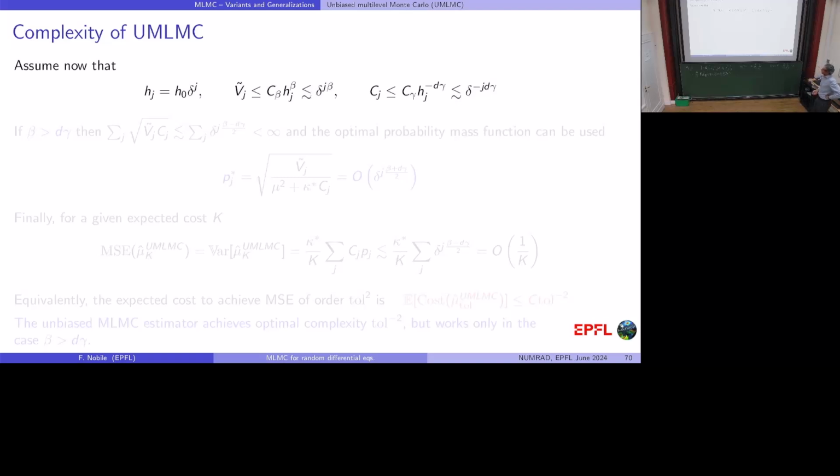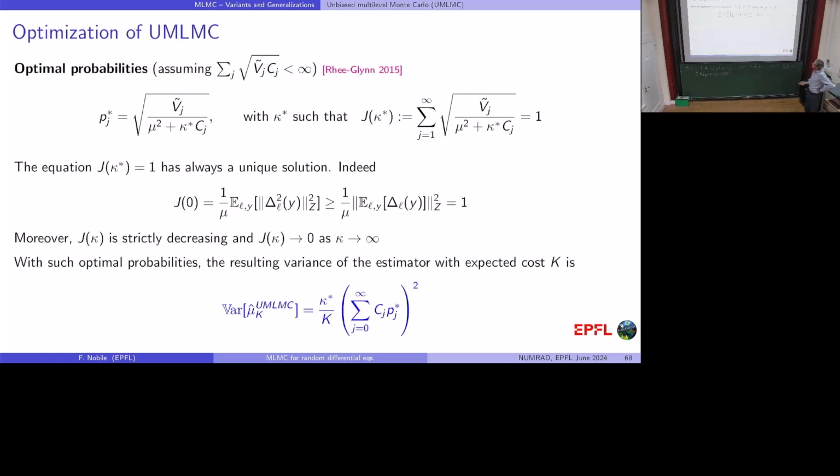Okay, so how does it perform in terms of asymptotic complexity? So let's compare it with the standard multilevel Monte Carlo. By the way, there was an assumption in the previous result that I skipped.